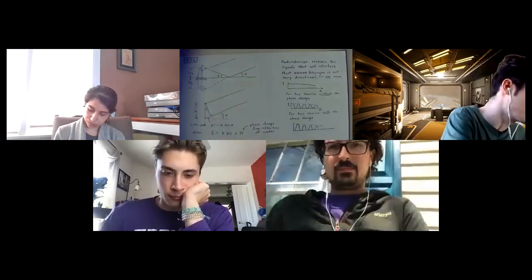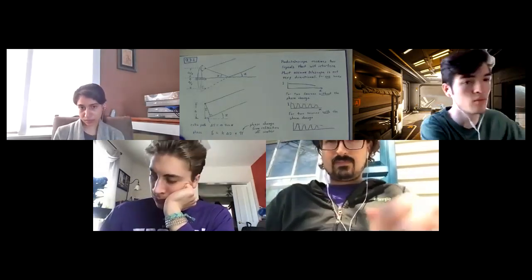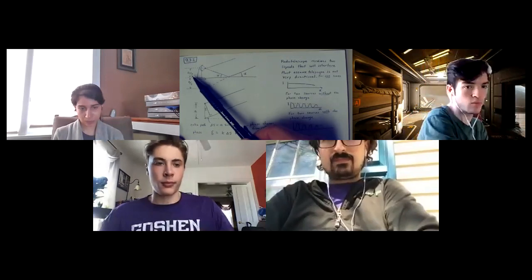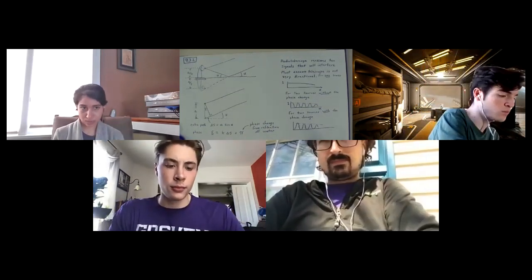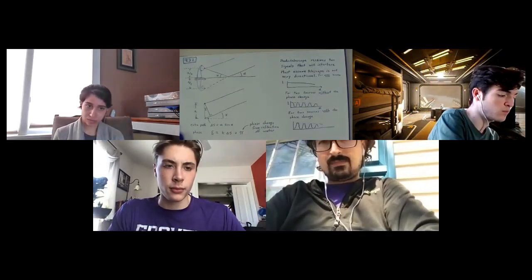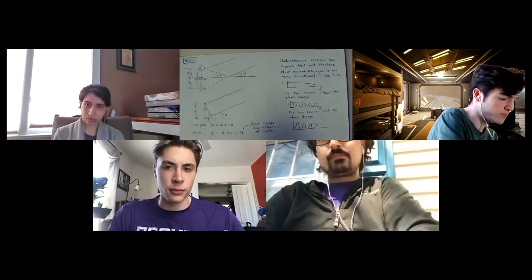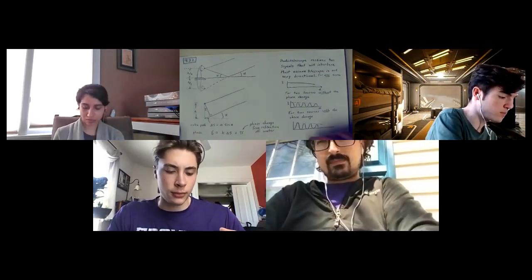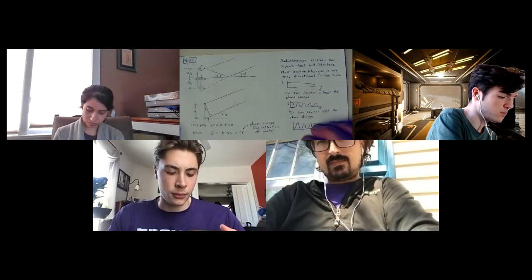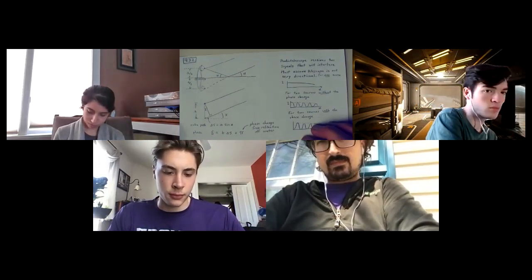So I took advantage of the fact that he labeled the height of this thing as a over 2. Did that strike you as odd? That suggests right off the bat that maybe that's half of something.